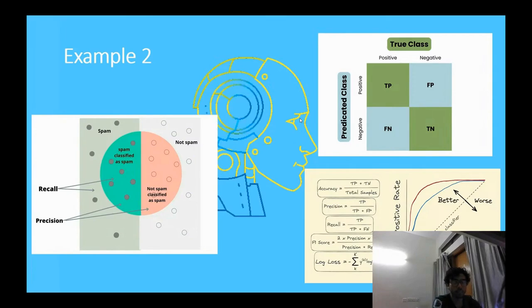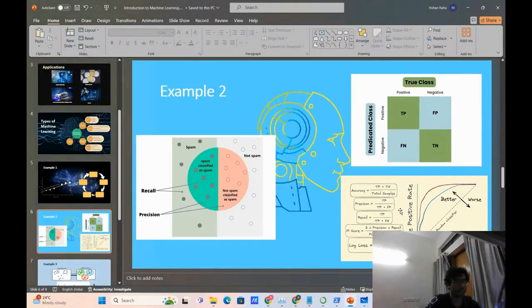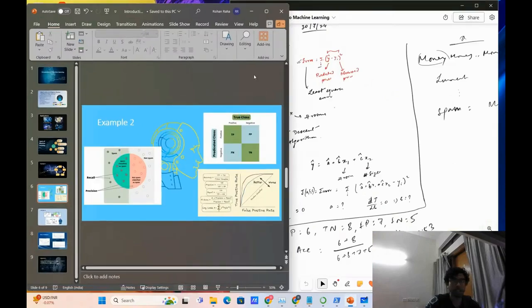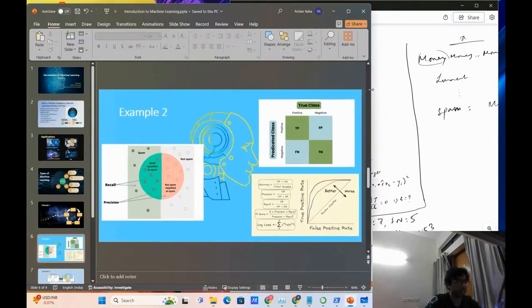The bank on its end runs an ML algorithm, and if it's a fraud, it will get tagged as one, and the bank will stop the transaction. If it's not a fraud, it will be tagged as zero, and the bank will let the transaction go through, right? That is another example of classification.